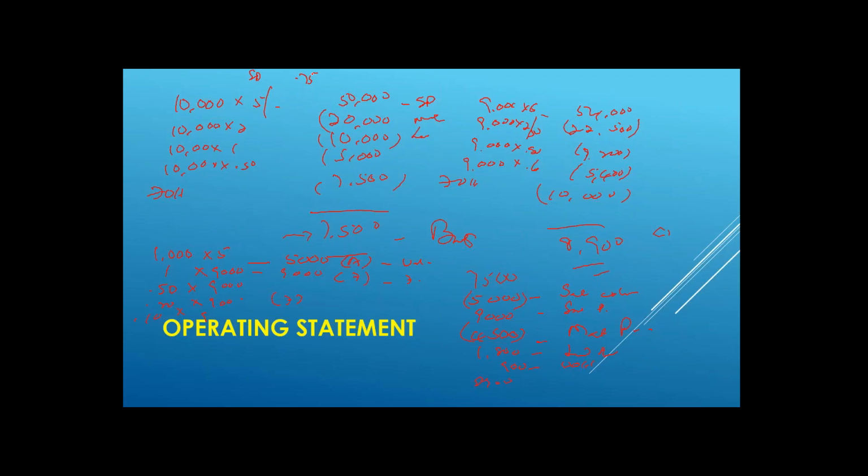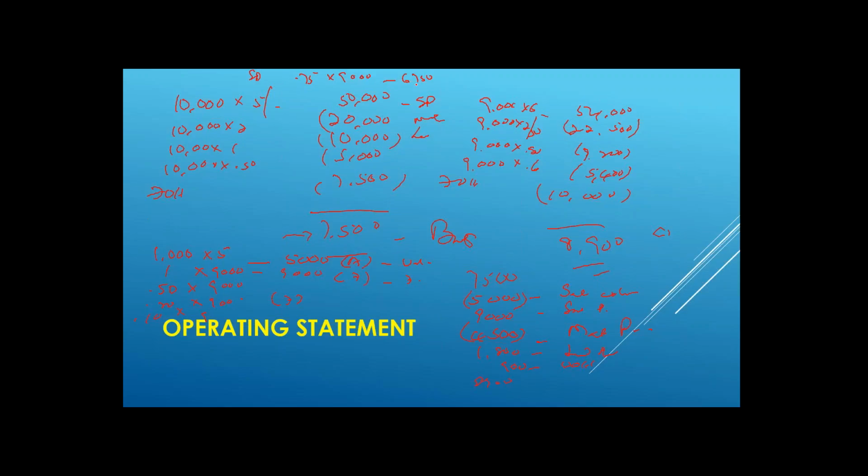So when we produce 9,000 units, 75 cents into 9,000, how much have we absorbed? 6,750. We have absorbed 6,750 into our production.